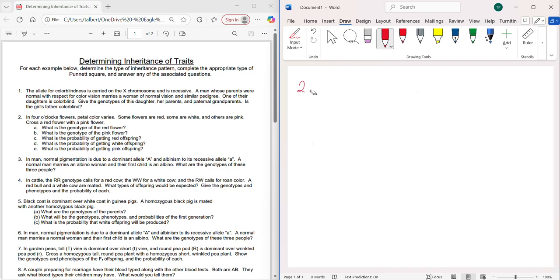In four o'clock flowers, petal color varies. Some flowers are red, some are white, and others are pink. Cross a red flower with a pink flower. So first we need to figure out what type of inheritance pattern this is. Is this codominance? Is this incomplete dominance? Is this sex-linked? So on and so forth.